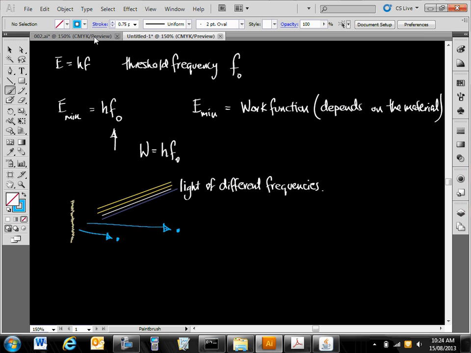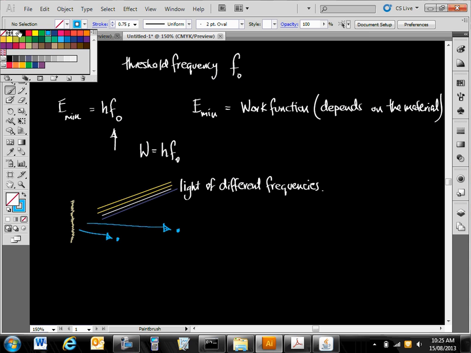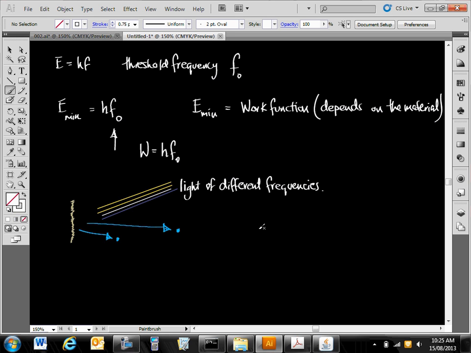If a photon collides with the metal, how much energy does it need to give the metal in order to emit just the... what's the basic amount of energy that a photon needs to give in order for one of these electrons to be ejected? Equal to the work function of the metal.